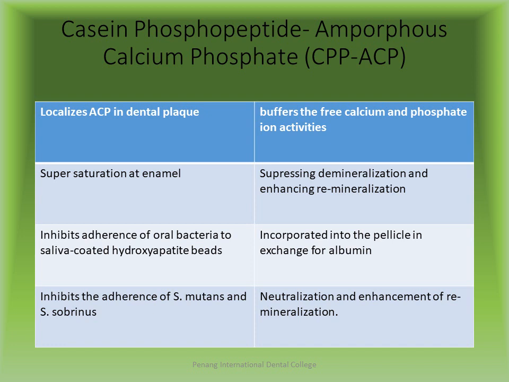It starts acting within the dental plaque itself. The dental plaque is adherent to the tooth structure, so it promotes the formation of hydroxyapatite on the tooth structure. It thus suppresses demineralization and enhances remineralization. It also inhibits the adherence of bacteria to the tooth surface, that is your hydroxyapatite crystals. So it prevents the caries attack as well.